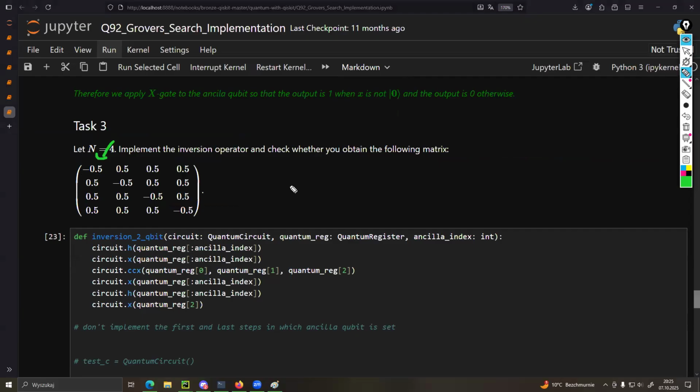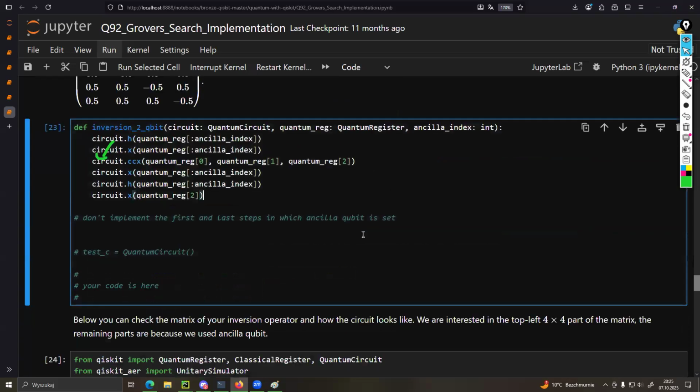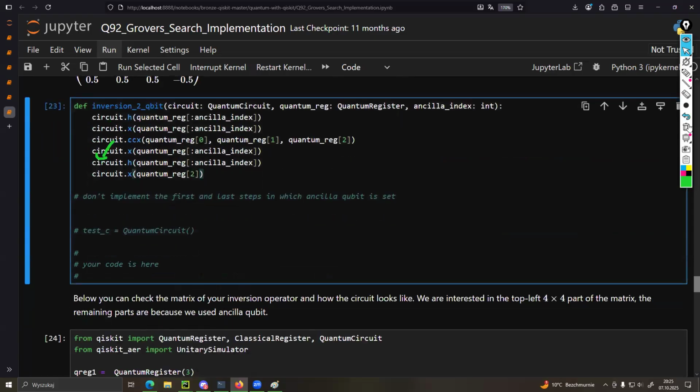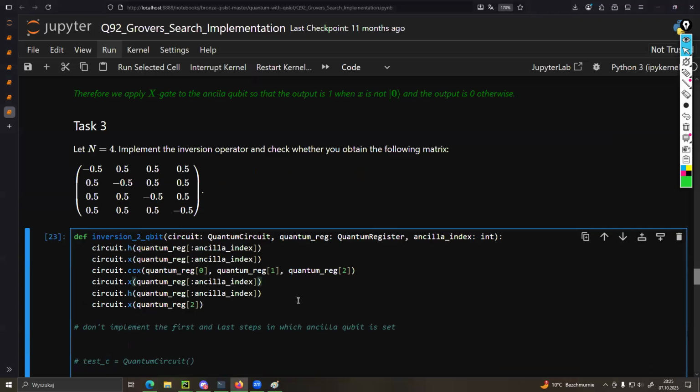We have this phase kick, but if I didn't have this, this would have been a completely different matrix. I will go through them at the end because we are very close.